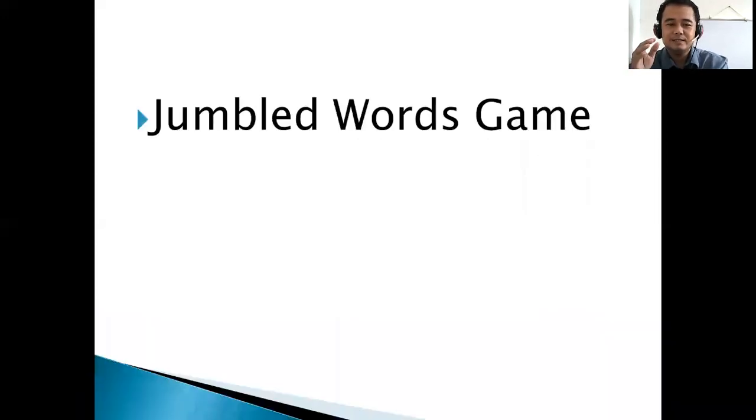First, we will have the jumbled words game so that you can have a preview of what you have learned before when you were in grade 10, and what we can apply to this topic, concepts and theories of management. Now let's start.